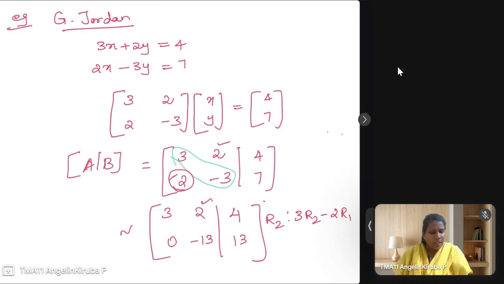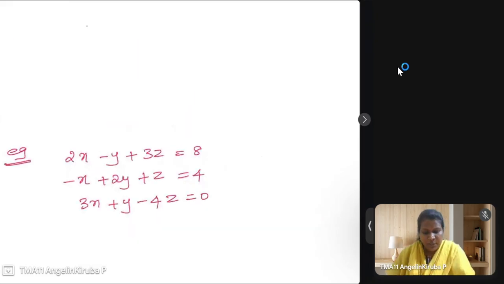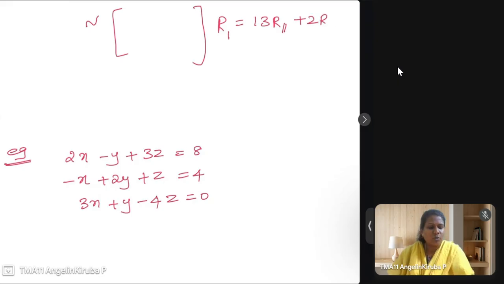That is, R1 into 13 plus R2 into 2, which is equivalent to R1 equal to 13 times R1 plus 2 times R2. So the first element will be 39.